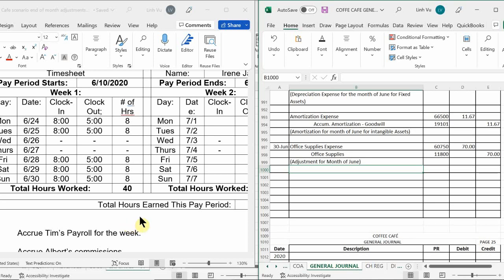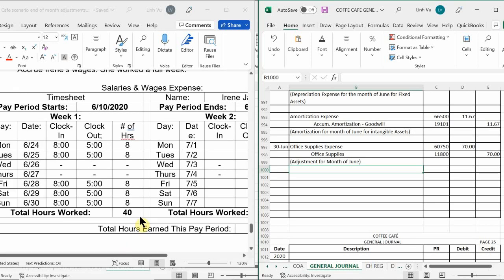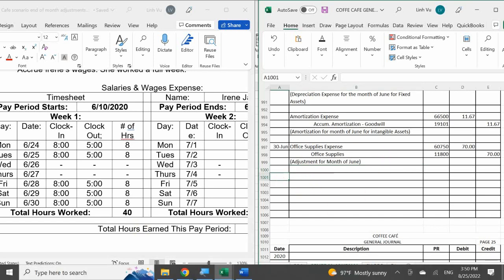How do I journalize that I'm going to accrue Irene's salaries and wages? Well, you use salary and wage payable and salary and wage expense. Correct, because since I'm not going to pay her now, this is the money that I owe her.